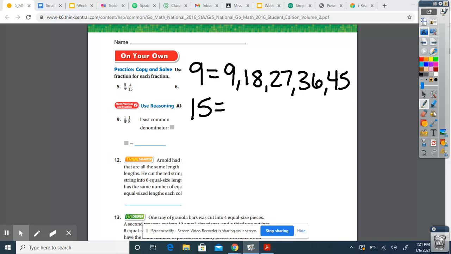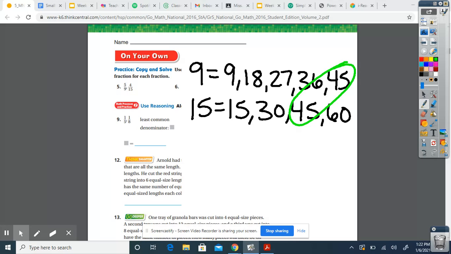Now we're going to list the multiples for 15. So 15, 30, 45, and then 60. So looking at these multiples, our lowest one that they have in common is going to be 45. Even though that's a high number, that is the lowest one that they have in common. So we're going to use that one.